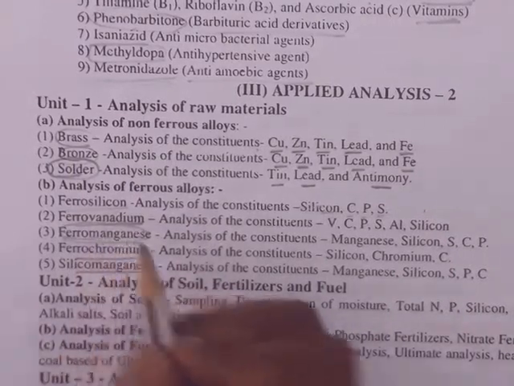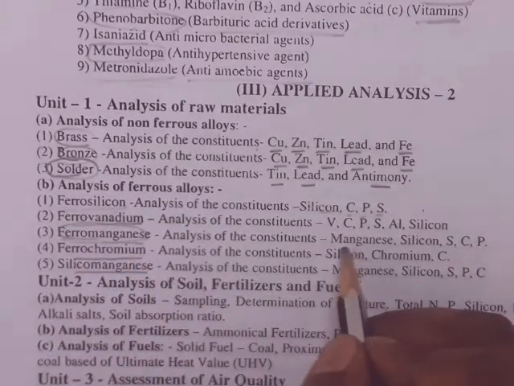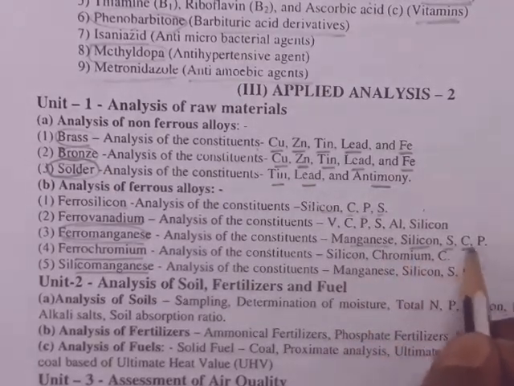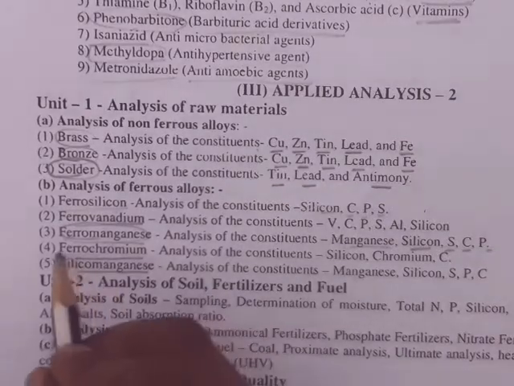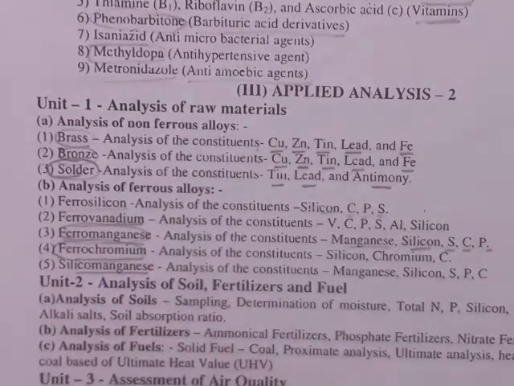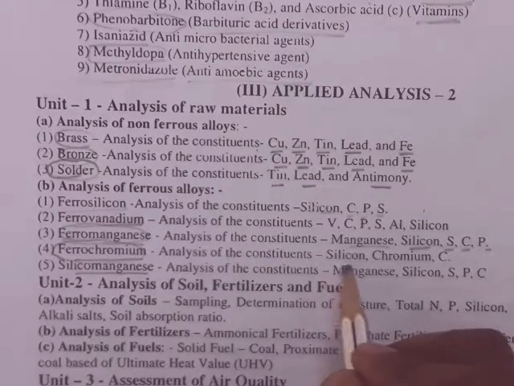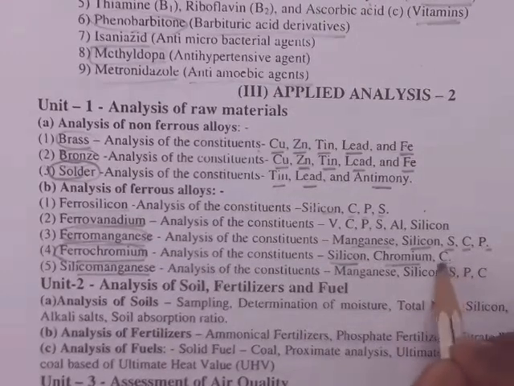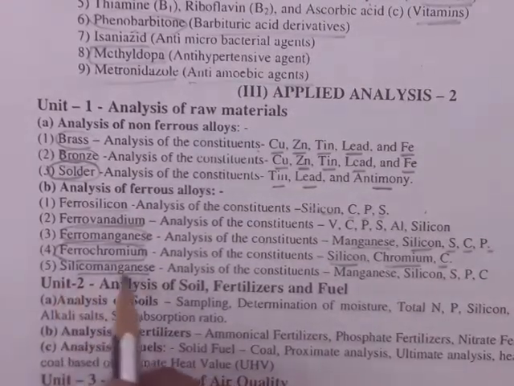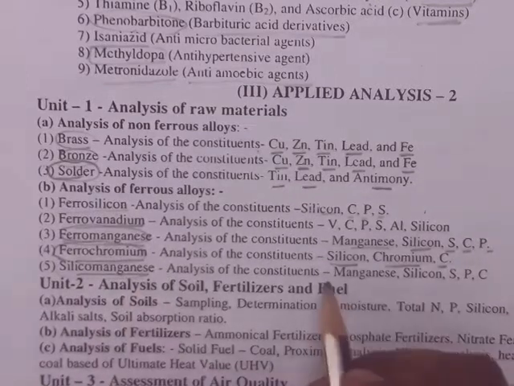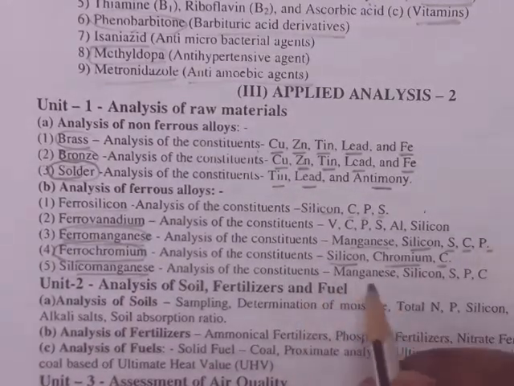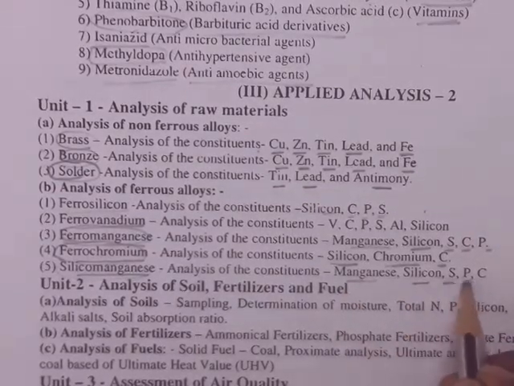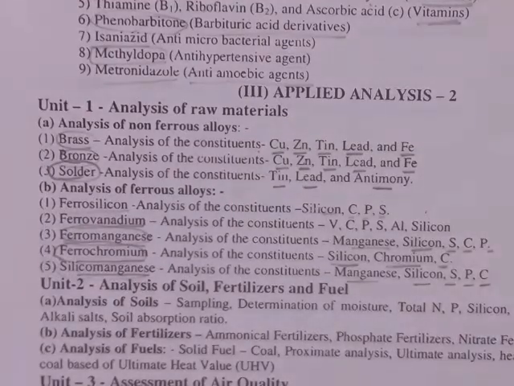In the case of ferromanganese, they are manganese, silicon, sulfur, carbon and phosphorus. In the case of the analysis of ferrochromium, they are silicon, chromium and carbon. And in the case of silicomanganese, they are manganese, silicon, sulfur, phosphorus and carbon.